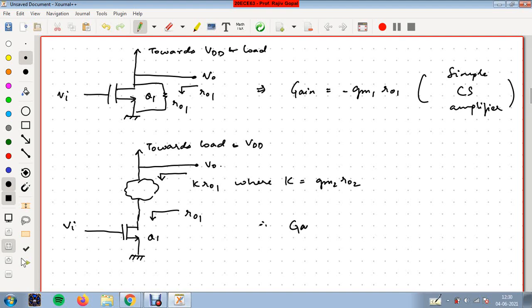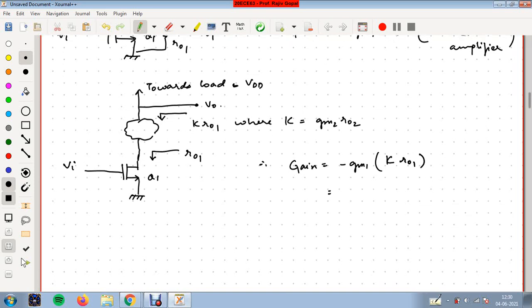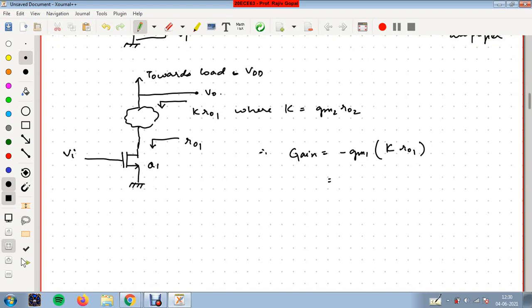Right. Now, if you measure the gain, it is now minus GM1 times K times R01, right? So here, if I put K value here, it is GM2 R02, then R01.